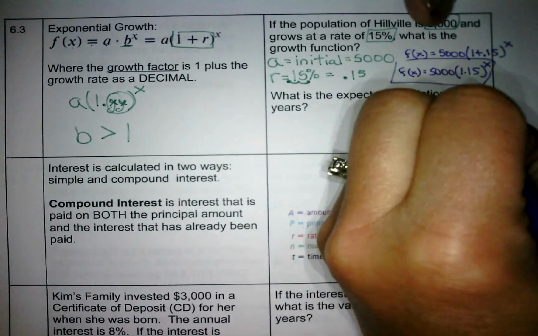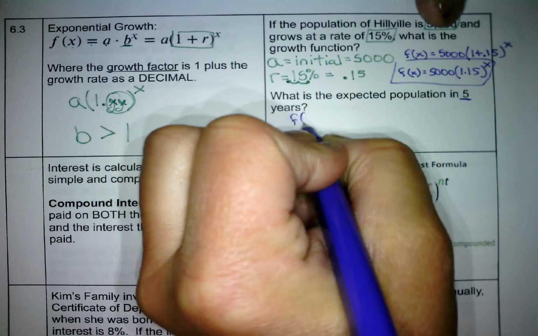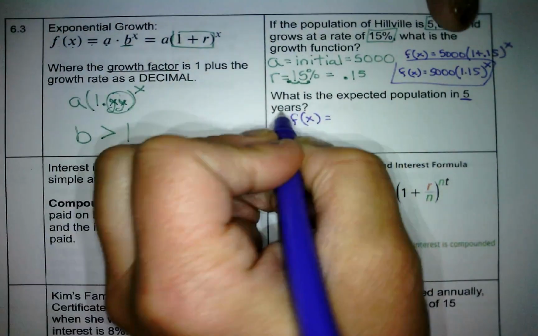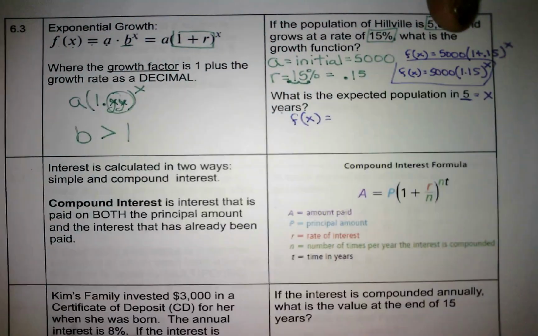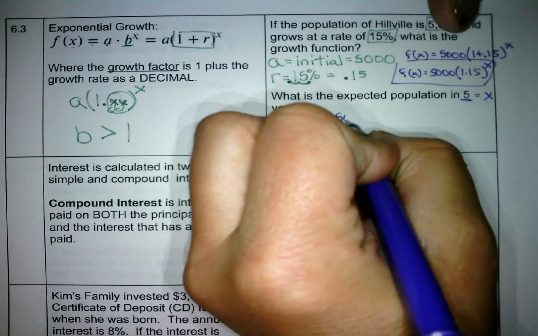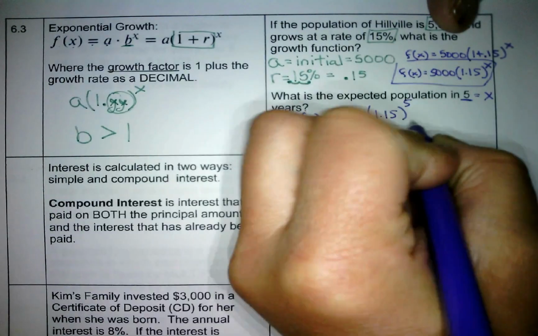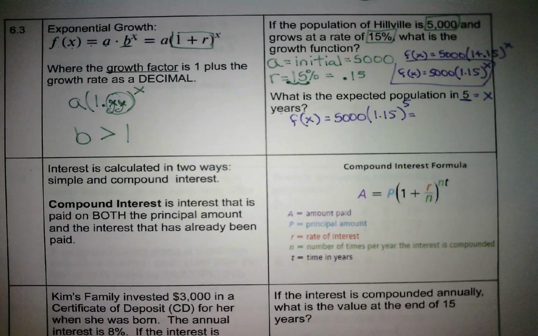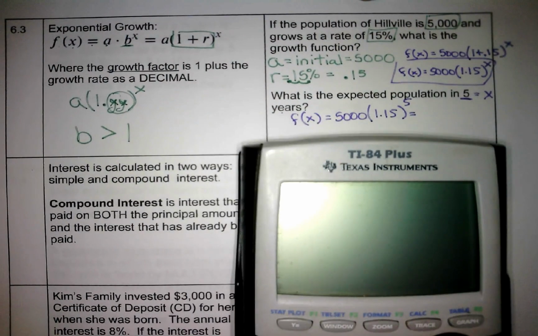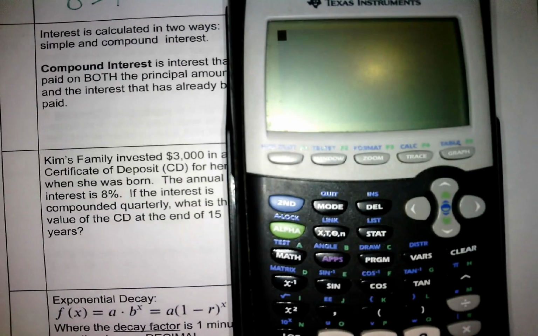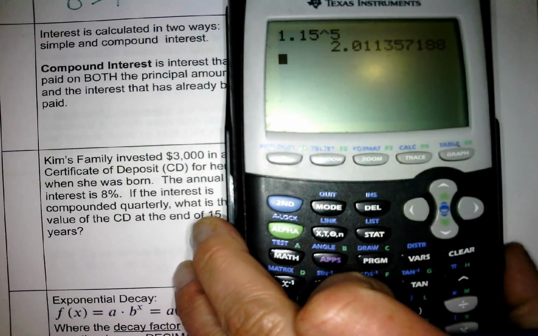Now let's plug that in. 5 years is our x value. So we're going to have 5,000 times 1.15 to the 5th power. Now I'm just going to do that math here. I'm going to type in 1.15 to the 5th power, and that's 2.011.